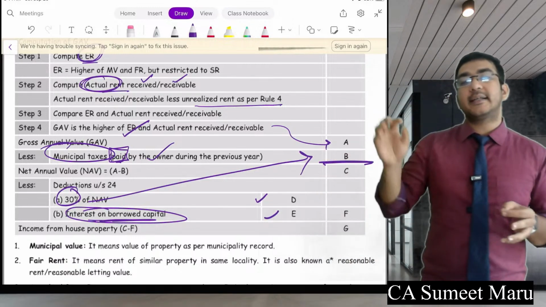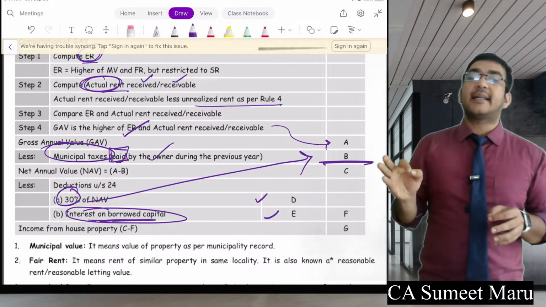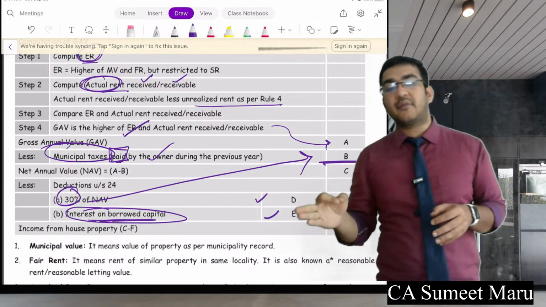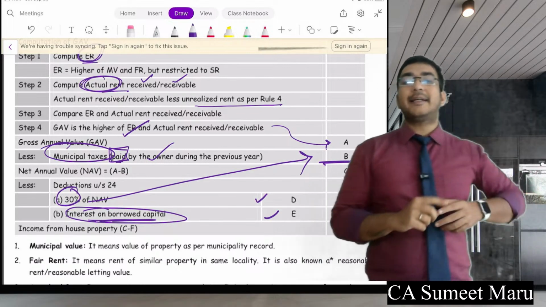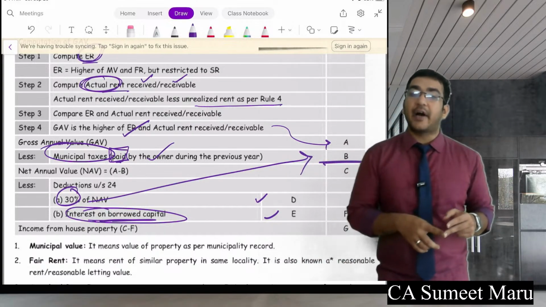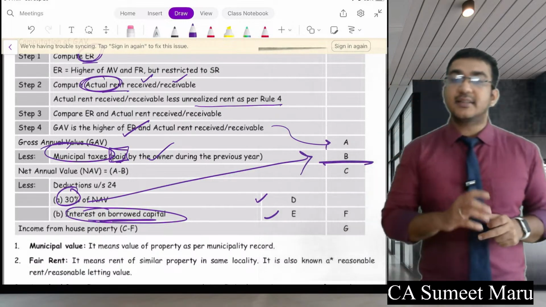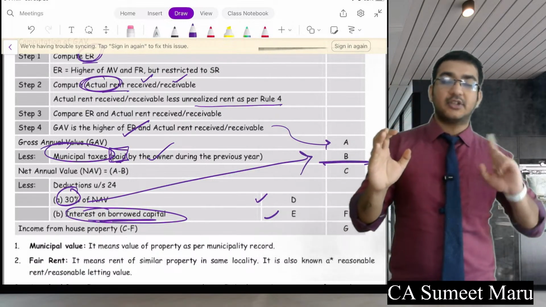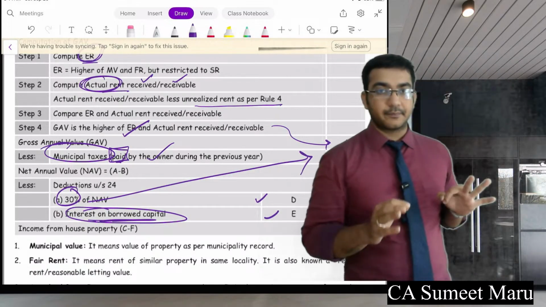If your house property is self-occupied, you have to check if it is after 1/4/1999 and the loan has been taken for construction or purchase, and construction has been completed within 5 years of taking the loan. In such case your limit would be 2 lakhs, or else your limit would be 30,000.